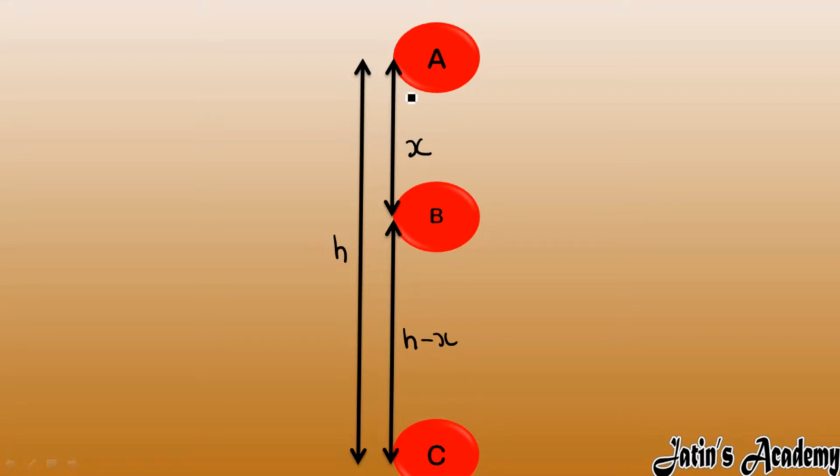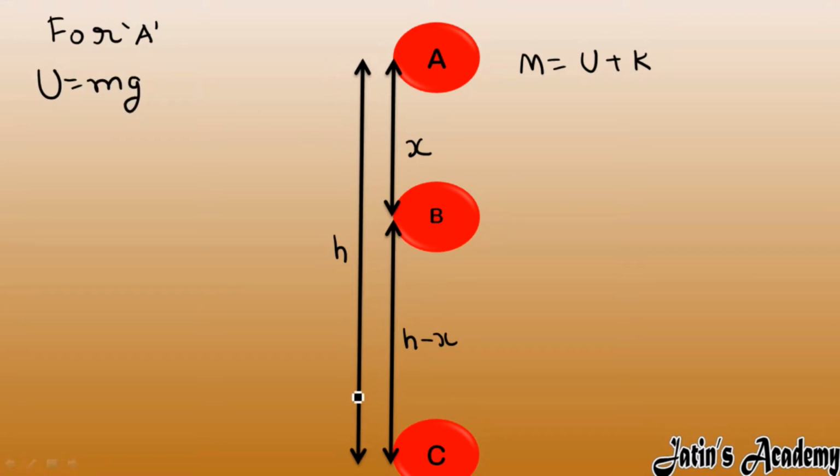For points A, B and C, mechanical energy is basically the sum of potential energy plus kinetic energy. So for point A, we have potential energy as mgh, this total h, and at this point the initial velocity is 0.